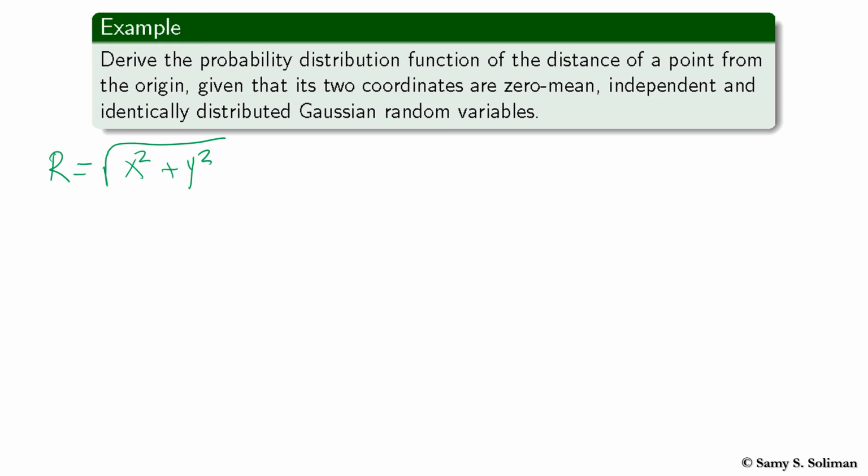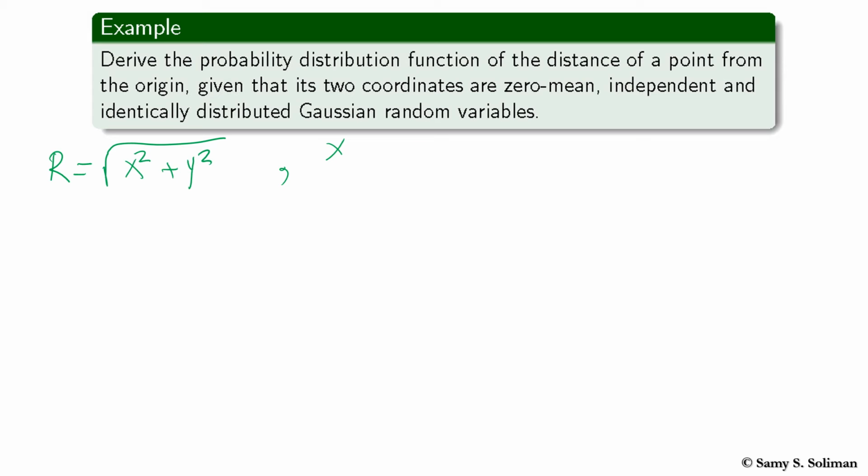Then it says, given that its two coordinates, which are x and y, are zero mean, independent, and identically distributed Gaussian random variables. So that means that both x and y are Gaussian random variables.